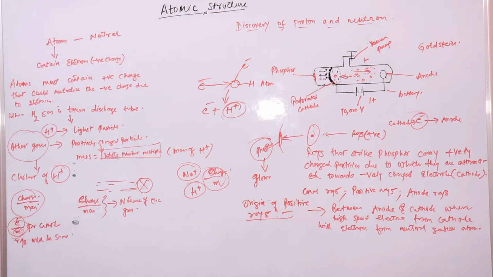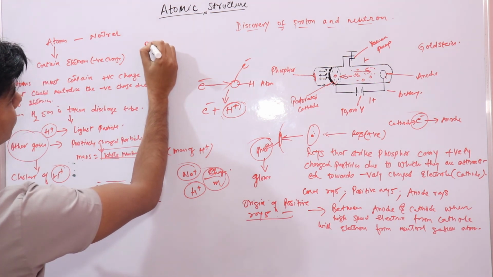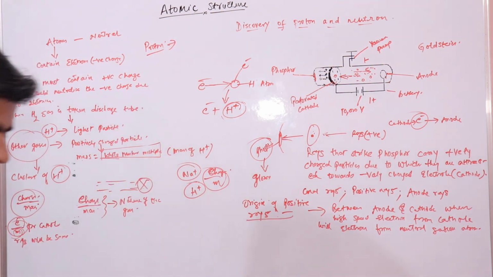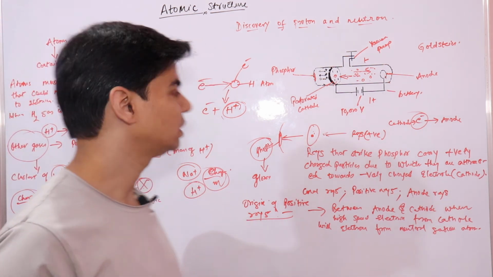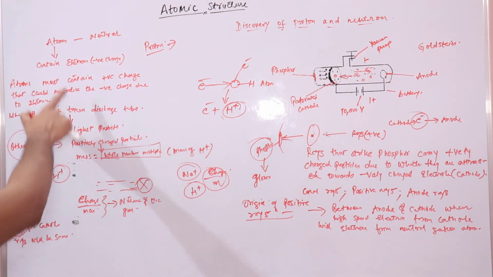Now let's talk about the mass and charge of a proton. We know that protons are positively charged particles, and what is the mass of it? The mass of a proton is 1.672 into 10 to the power of minus 27 kilogram, and it is a positively charged particle having the same magnitude of charge as an electron.